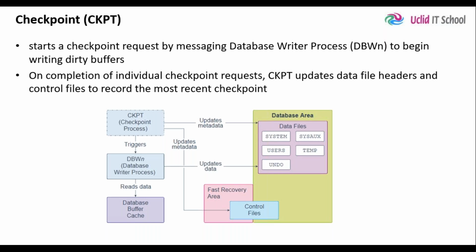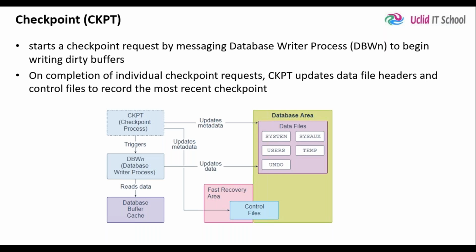That point is called a checkpoint. So internally Oracle uses a checkpoint mechanism to start the writing. Internally checkpoints happen, and whenever a checkpoint happens, the database writer will see which are the modified buffers in the buffer cache and write all of them in one go to the database.